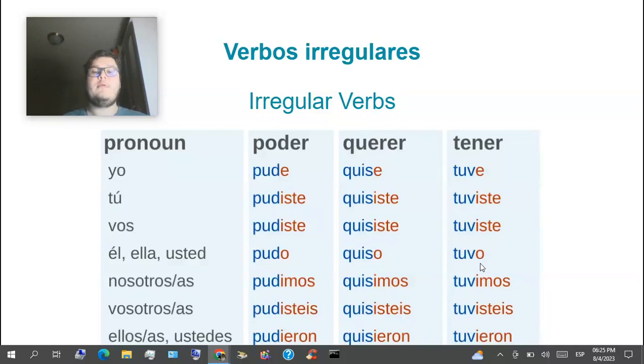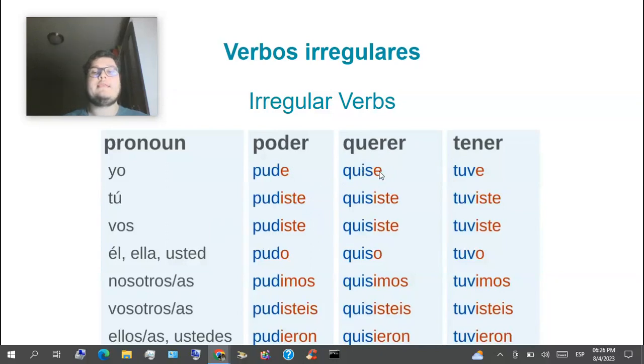So in all cases are the same, not only with this verb, but also with querer and poder. So in all cases, the endings are the same, but the stem is going to be different.